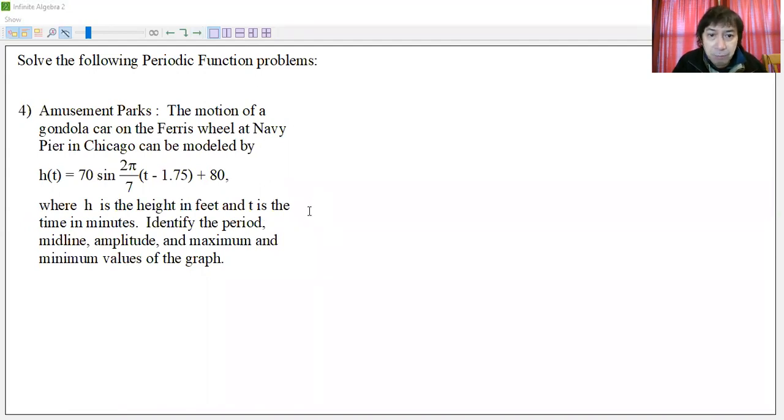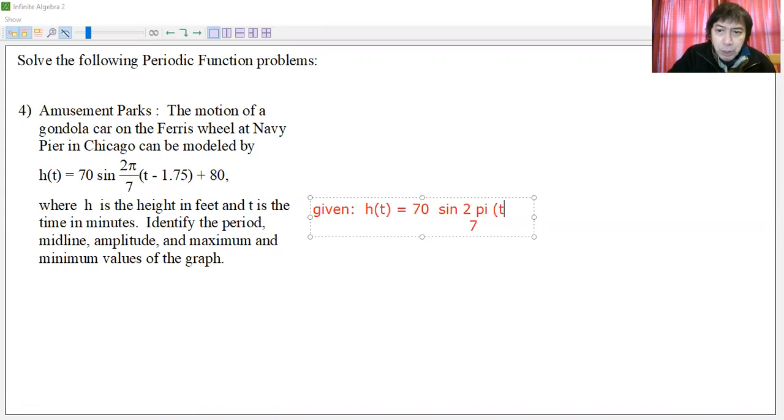Okay, from the given, this is the given equation. We have h of t is equal to 70 times sine 2 pi over 7. Okay, so this is over 7 right here. This continues with the parentheses t minus 1.75.